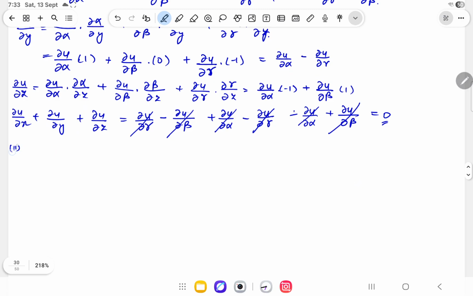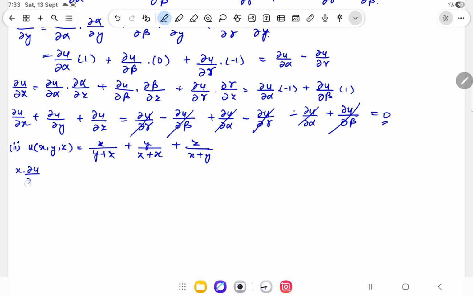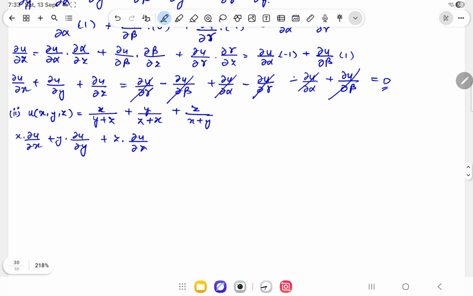So in the second part, u is a function of x, y and z, and it is equal to x by y plus z plus y by z plus x plus z by x plus y, and we are supposed to find the value of x into del u by del x plus y into del u by del y plus z into del u by del z. So for that we need to first find the values of del u by del x, del u by del y and del u by del z.